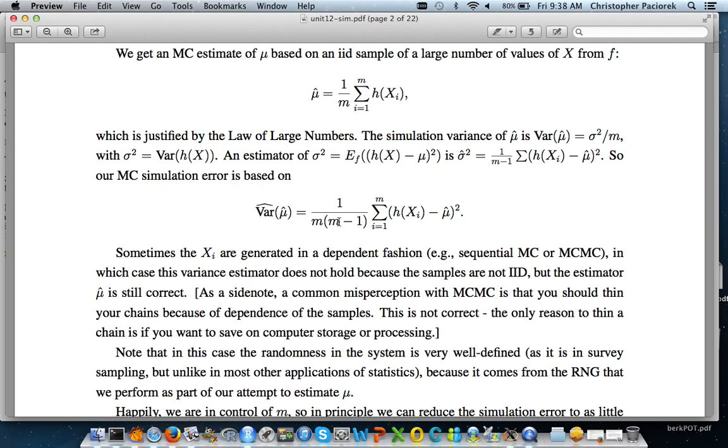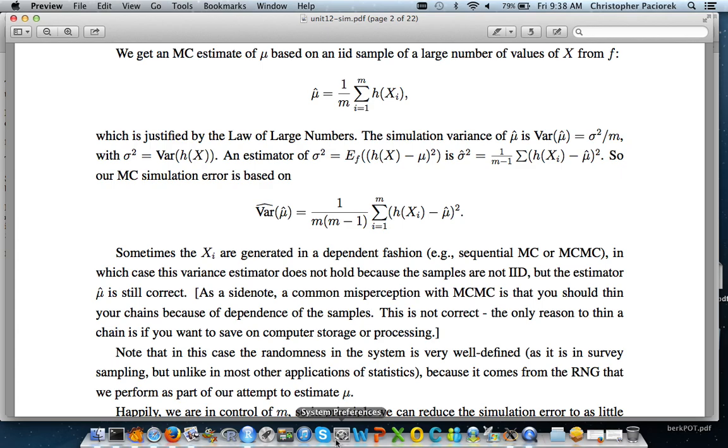Well, we have that this is what the variance is, right? I'm just writing that down as the actual quantity. But we have our usual unbiased estimator of a variance. Well, that's just going to be 1 over n minus 1, to get unbiasedness, of the sum of h evaluated at the individual x's minus our estimate of mu, squared. So if I now want to say what's my estimate of the variance of the simulation, of the variance of estimating mu with mu hat, well, that is now this quantity.